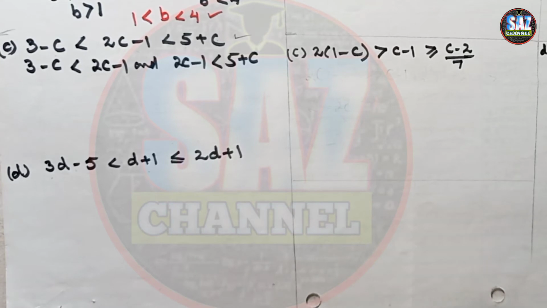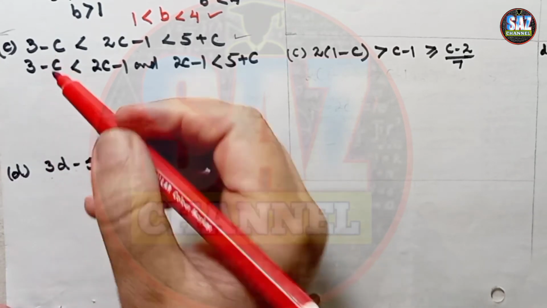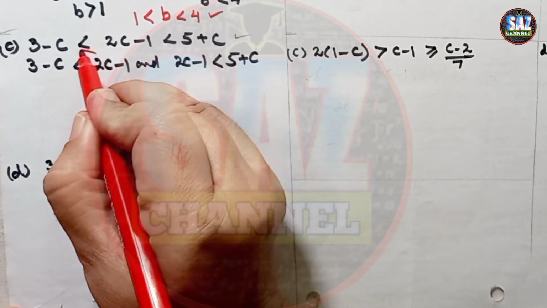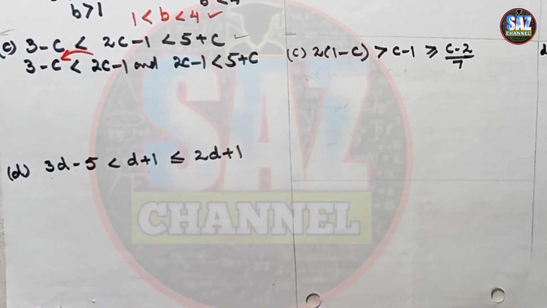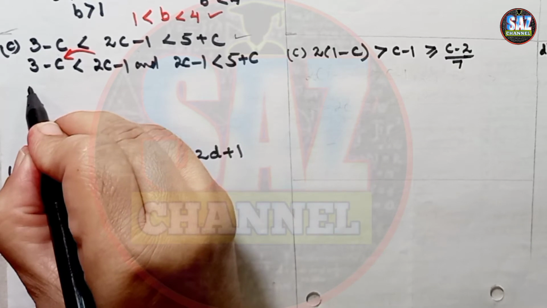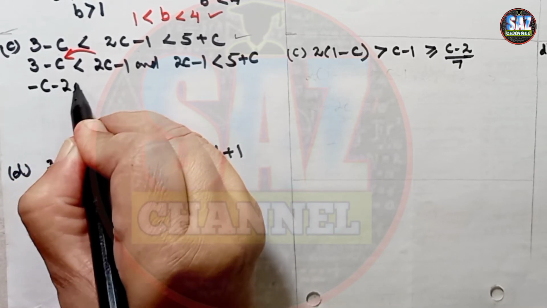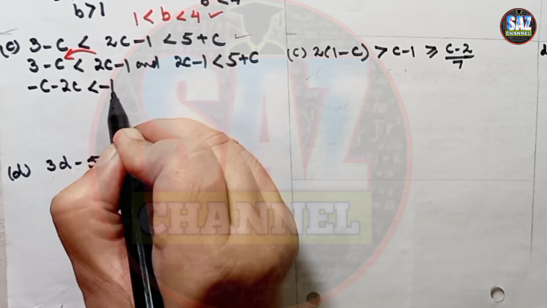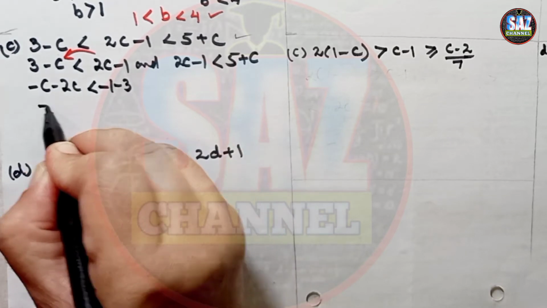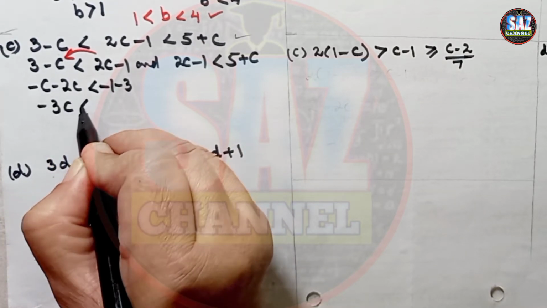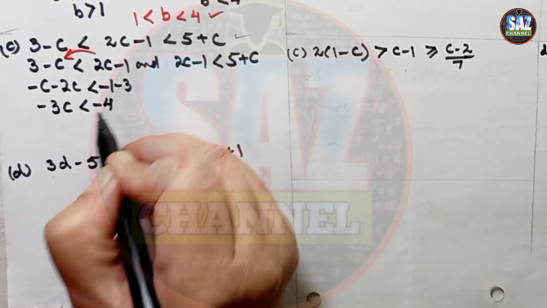Now again the letter that we want to make the subject of the formula is on both sides. Shift it to the same side, preferably the left side. Minus c minus 2c is less than minus 1 minus 3. Minus 3c is less than minus 4.